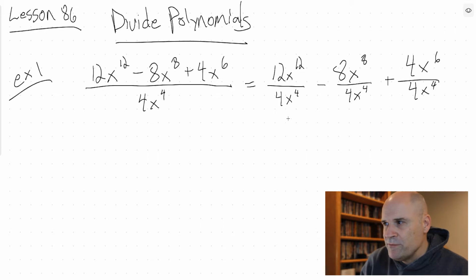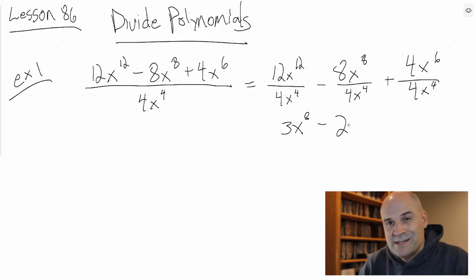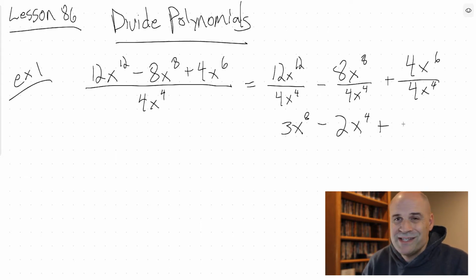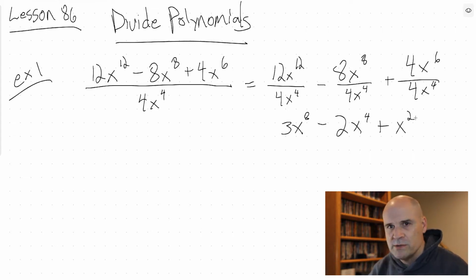So 12 divided by 4 is 3. x to the 12th divided by x to the fourth is, remember what you do with the exponents? You subtract, so you get x to the 8th. Minus, 8 divided by 4 is 2. x to the 8th divided by x to the fourth is x to the fourth. 4 divided by 4 is 1. x to the 6th divided by x to the fourth is x squared. So far, so good?